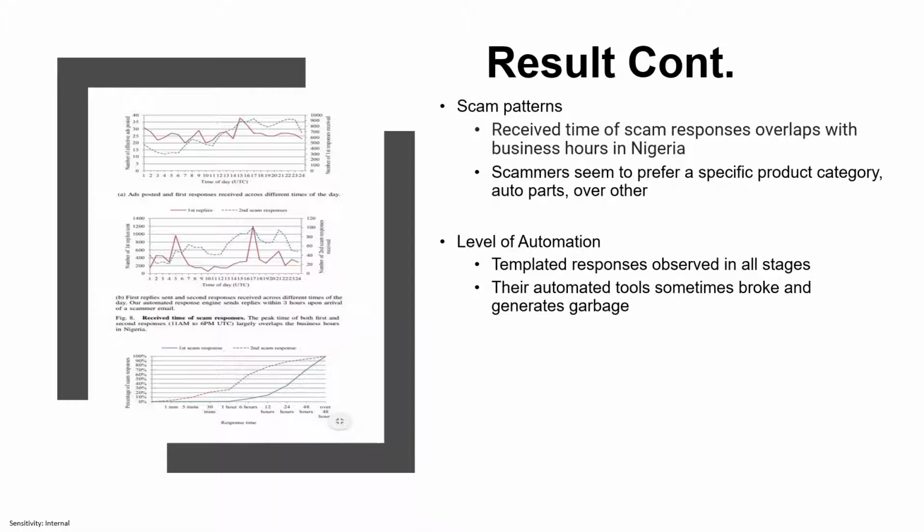The researchers combined various things such as inter-arrival time for the same email address, the use of templated responses, and other clues to conclude that automation was in fact being used, but not for the entire process.